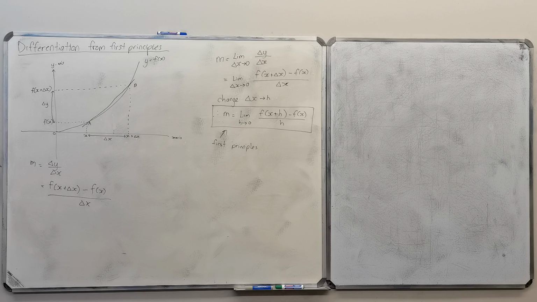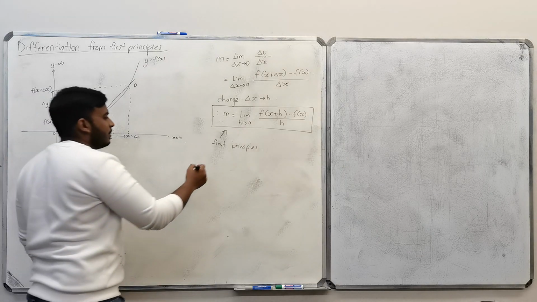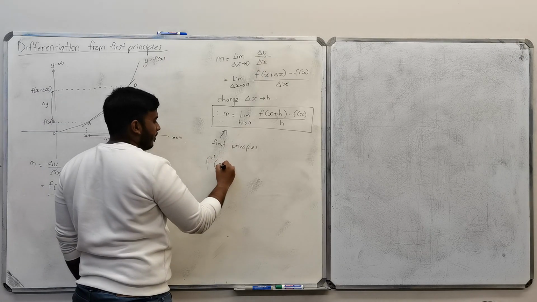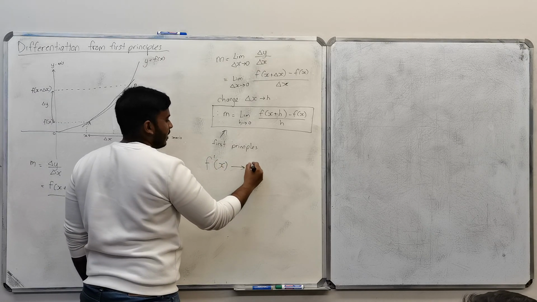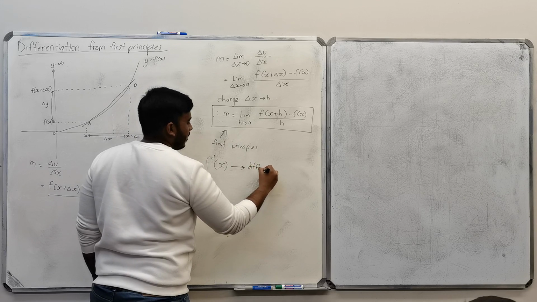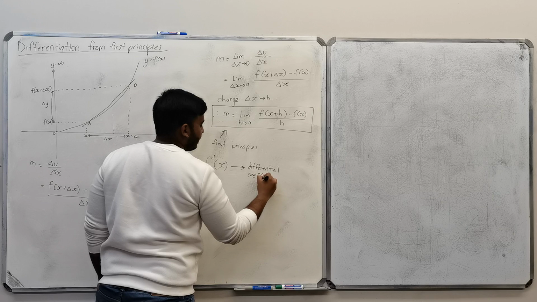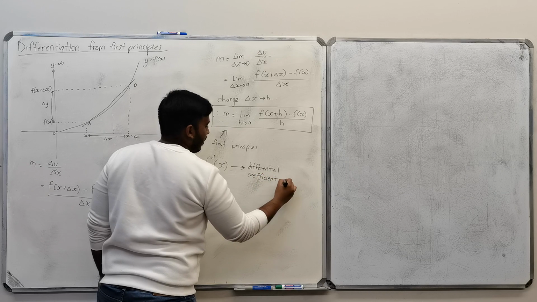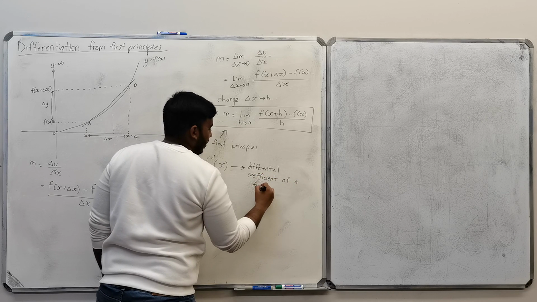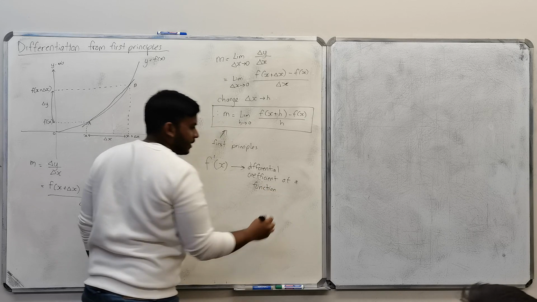Okay. At the top they tell you it is also used to calculate the differential coefficient and is indicated by f prime x. So sometimes you may see the symbol f prime x, and this is the differential coefficient of a function.